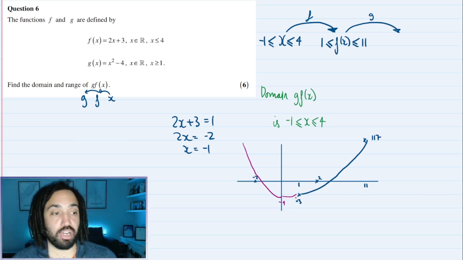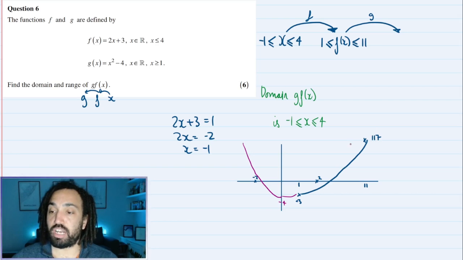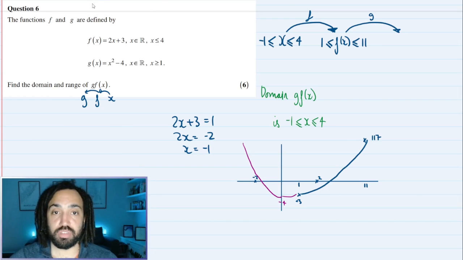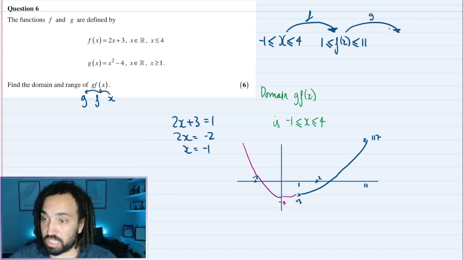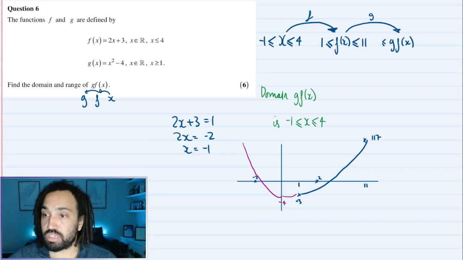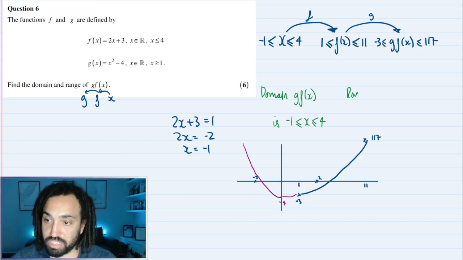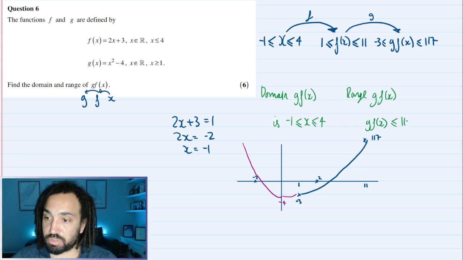So then it's going to start coming upwards. It's going to hit here at minus 3, and then it's going to keep on going up to 117. So all in all, that means that the range of g of f of x will be minus 3 up to 117. So I can write that g of f of x is bounded between 117 and a lower bound of minus 3.